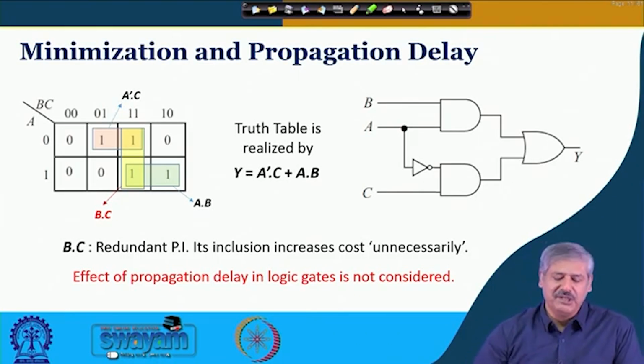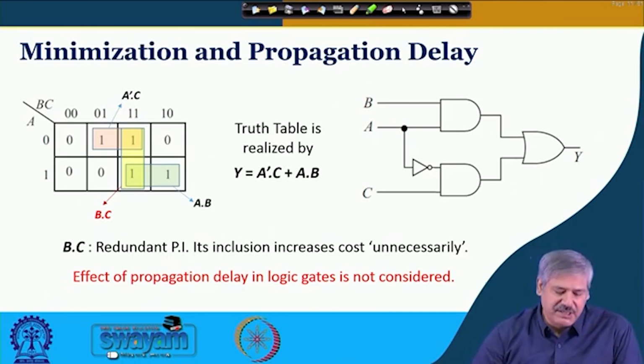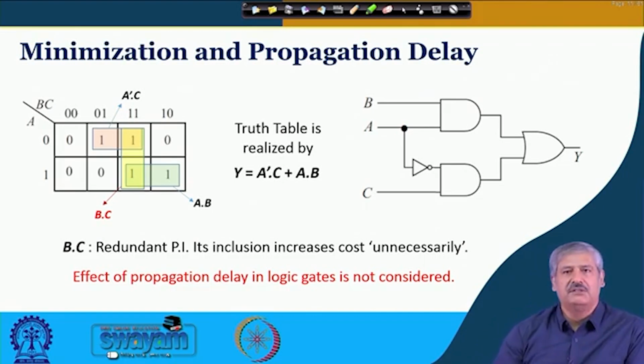So, we look at again a very simple problem, the kind of problem we have seen before. This is a minimization of a truth table using a Karnaugh map, where there are 4 minterms present.